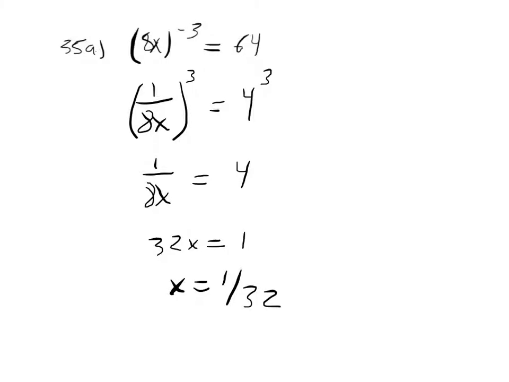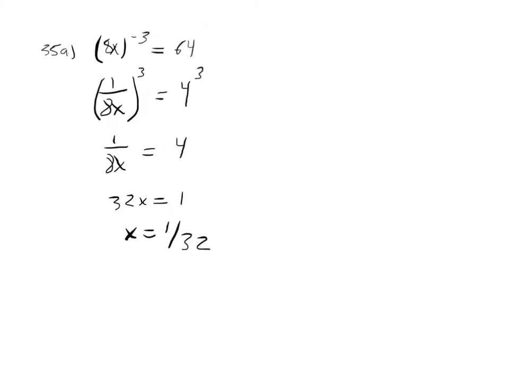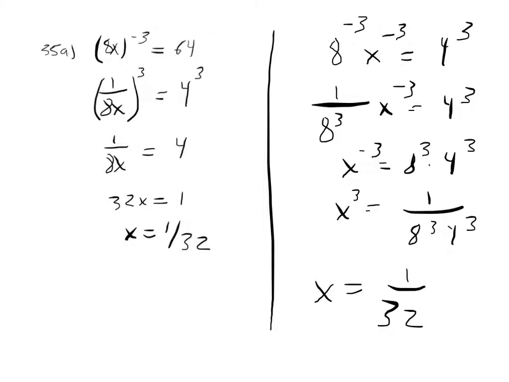Different way to do it? Sure. So, different way, I'm going to go ahead and distribute that exponent of negative 3 through my parentheses, still noting that 64 is 4 cubed. Rewrite the 8 to the negative 3 as 1 over 8 cubed.